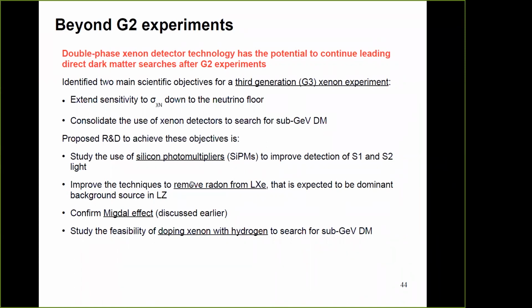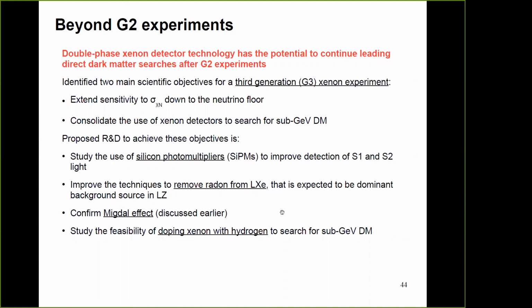Well, this is still in the initial steps, but one important step to reach there is to again lower the background rates. The most important is to remove them. The main contribution now is radon.